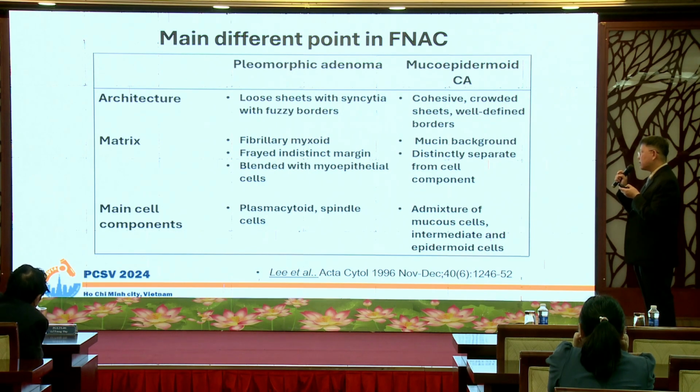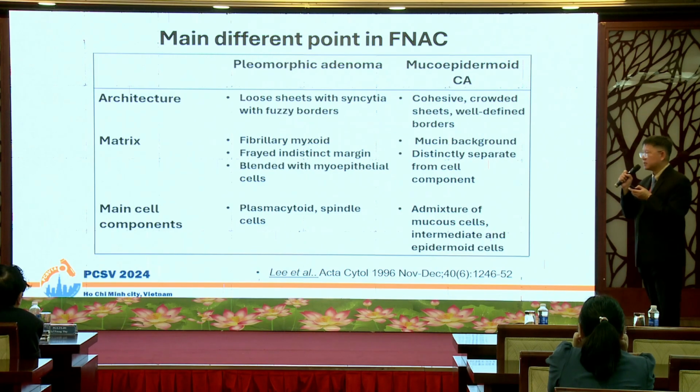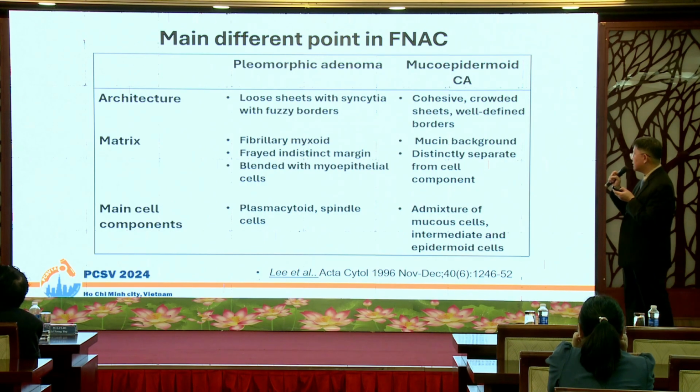The main cell components of pleomorphic adenoma are plasmacytoid and spindle cells, while in mucoepidermoid carcinoma the cells look different: they are polygonal, with epidermoid cells, intermediate cells, and mucus cells.